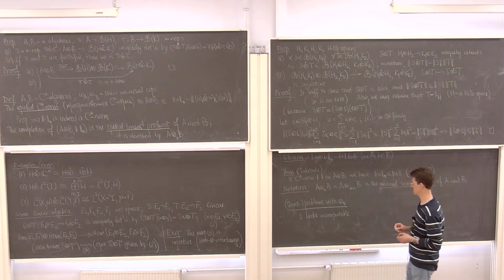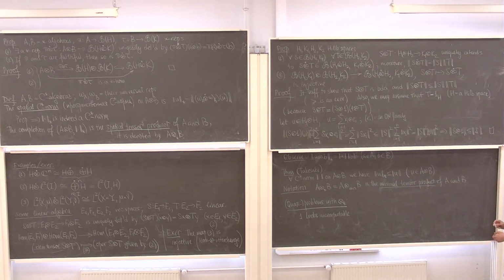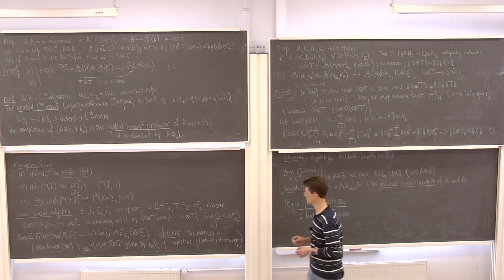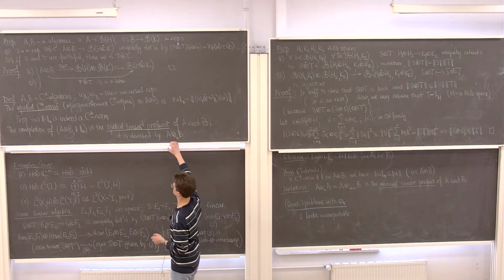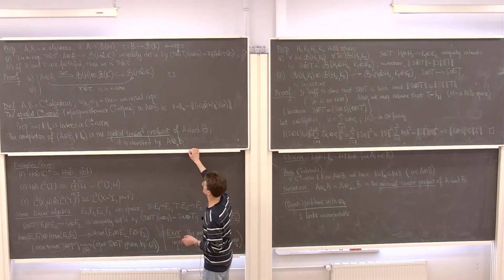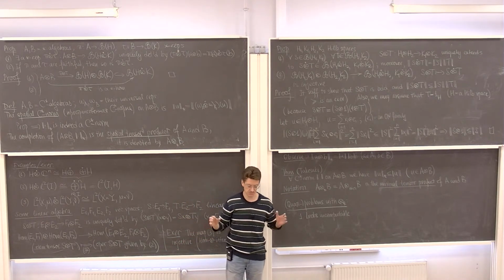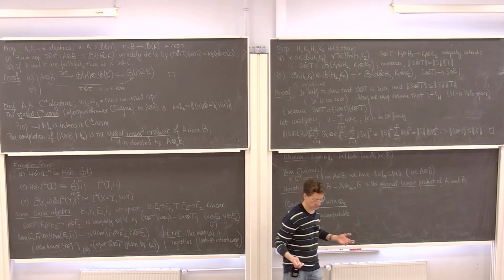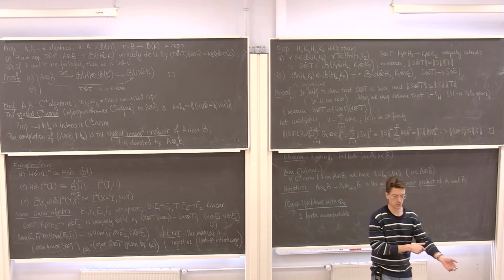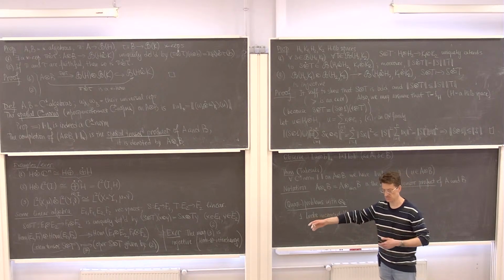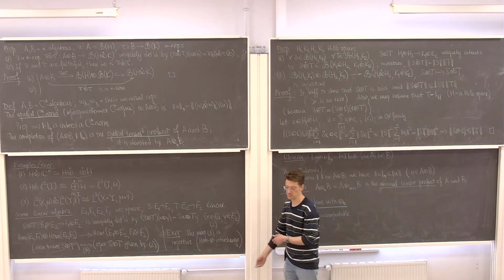In other words, it's impossible to calculate this norm explicitly because it involves universal representations of A and B. And the universal representation is something which is really huge. It involves all states on our algebra. The set of all states is already very big, and the resulting Hilbert space is usually not separable.